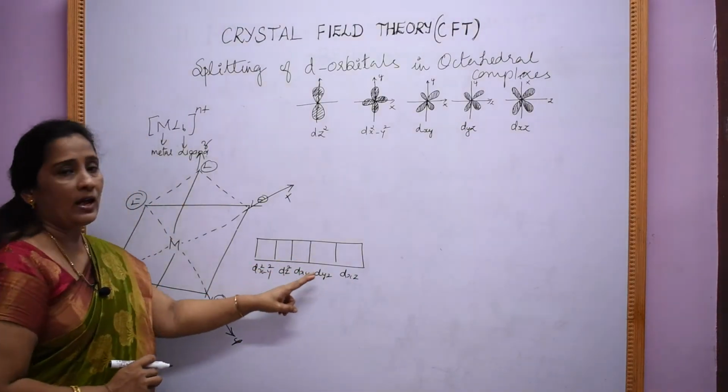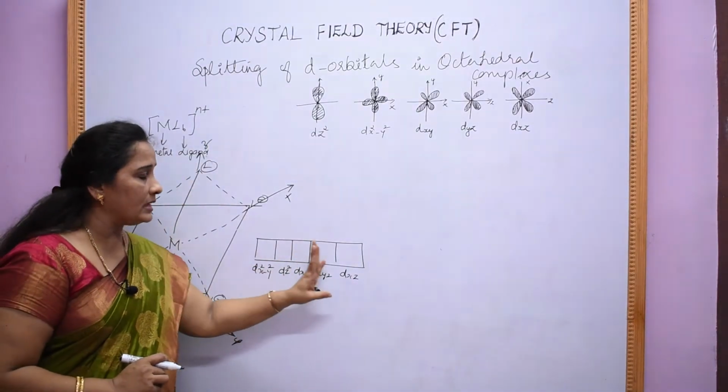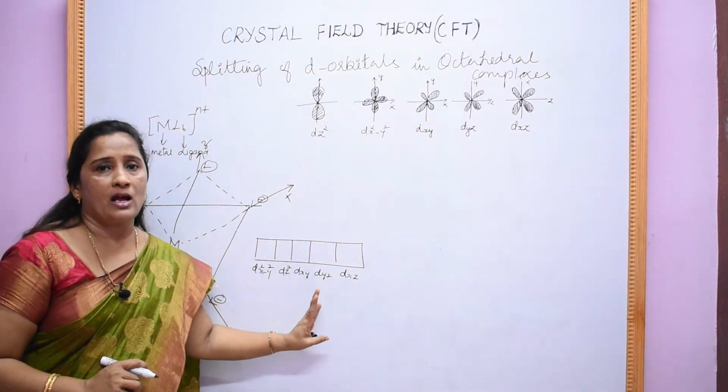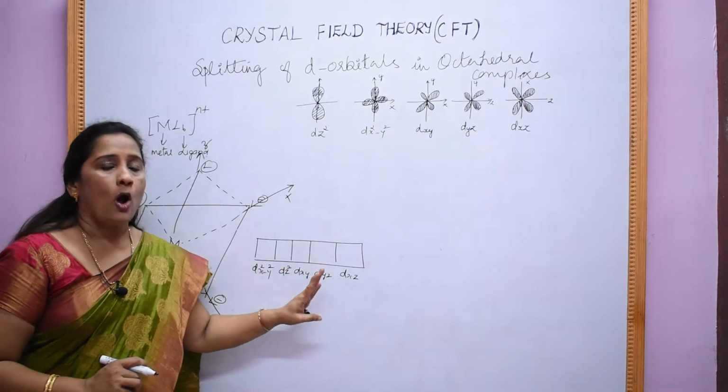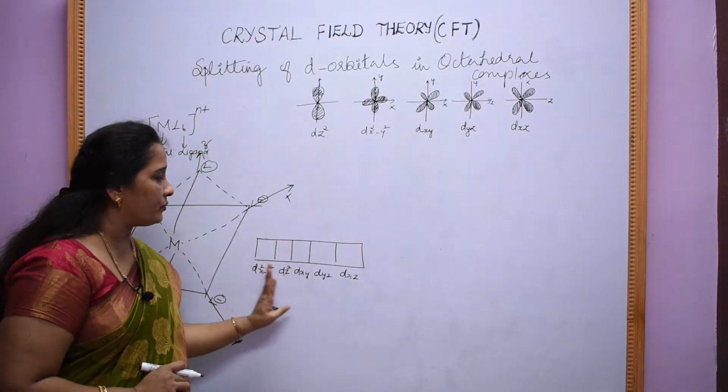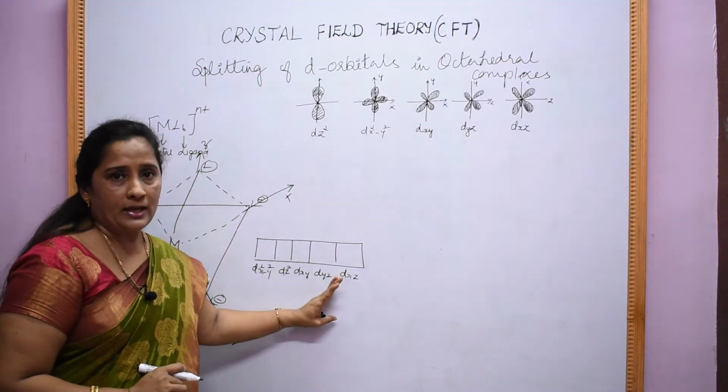So these are the 5 d orbitals, and all of them are degenerate, that means all of them have the same energy.